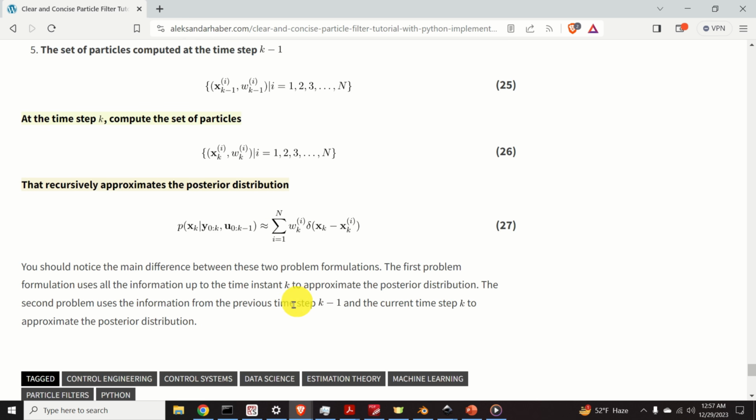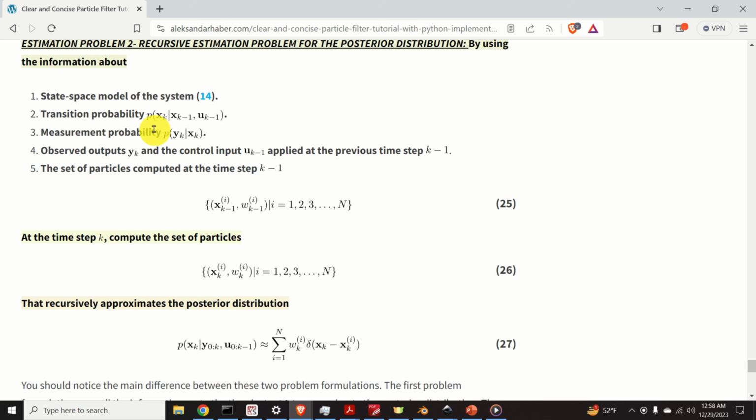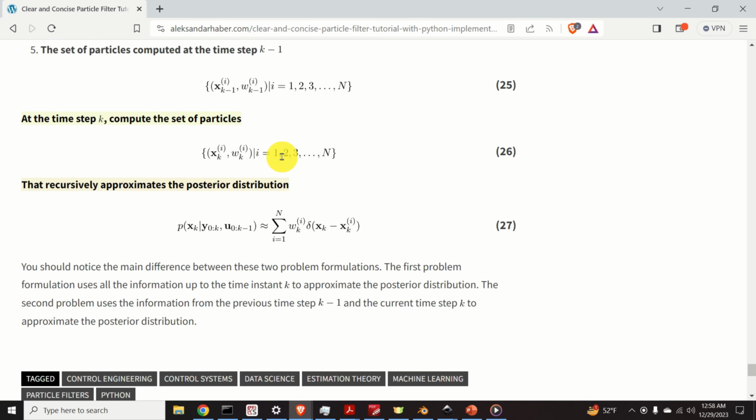You should notice over here the main difference between these two problem formulations. The first problem formulation uses all the information up to the time instant k to approximate the posterior distribution. The second problem actually uses the information from the previous time step k minus 1, as you can see over here, to approximate the posterior distribution at the time step k.